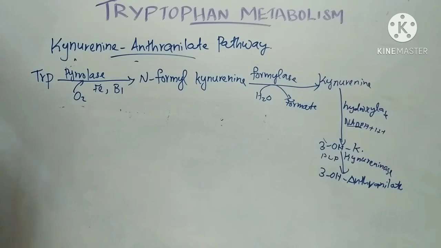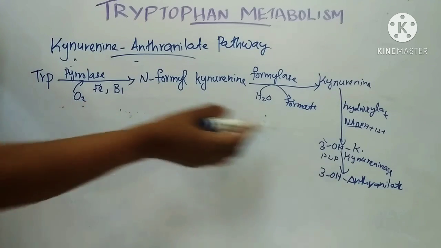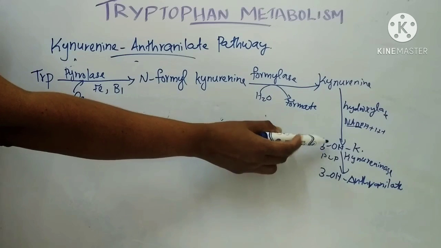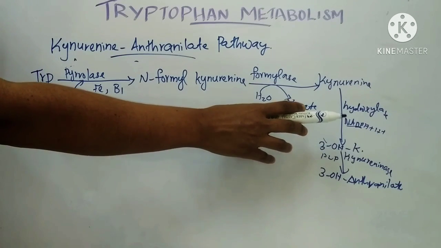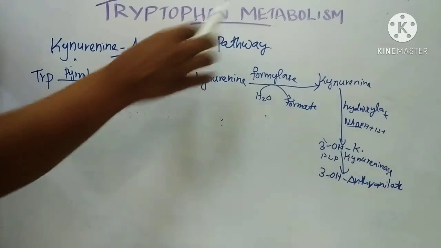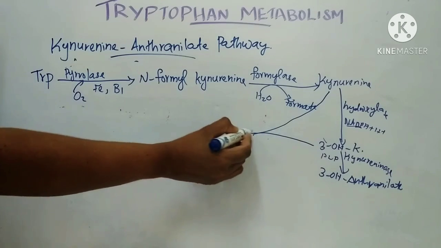In vitamin B6 deficiency, 3-hydroxykynurenine cannot be converted to 3-hydroxyanthranilate. As a result, kynurenine and 3-hydroxykynurenine accumulate in extrahepatic tissues and are converted to xanthurenic acid.